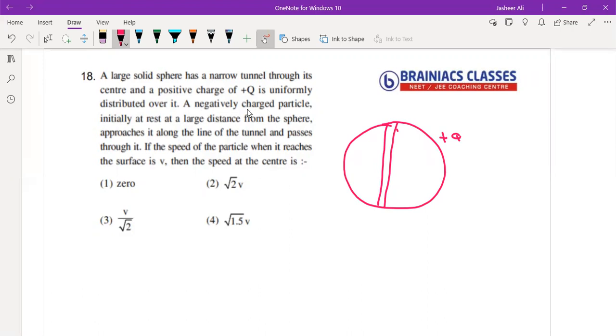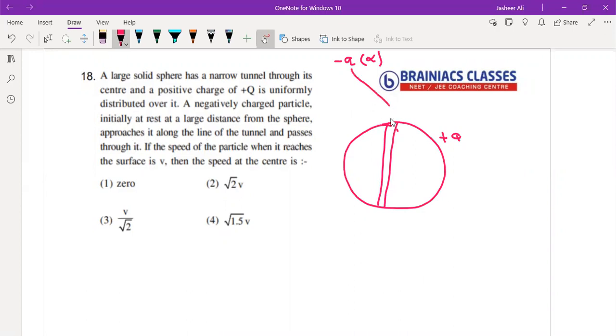Second statement, a negatively charged particle is initially at rest at a large distance from the sphere. Say I have a negative charge minus q, at a large distance, infinity, very far away from here. Now this is at rest. Now it approaches along the line of the tunnel and passes through it.